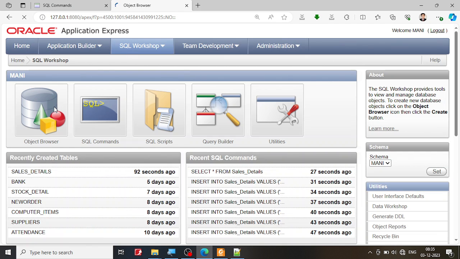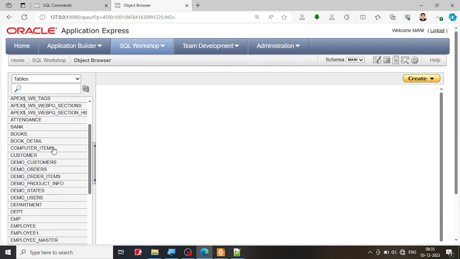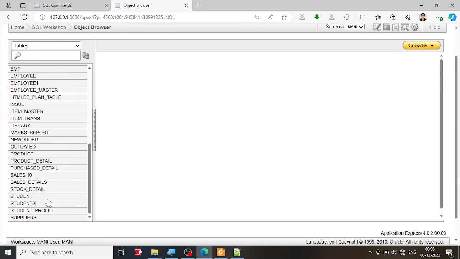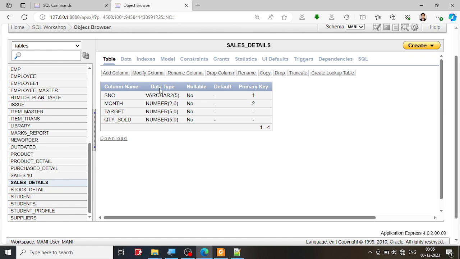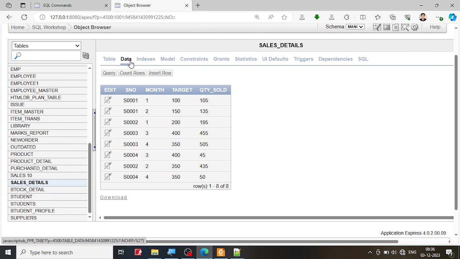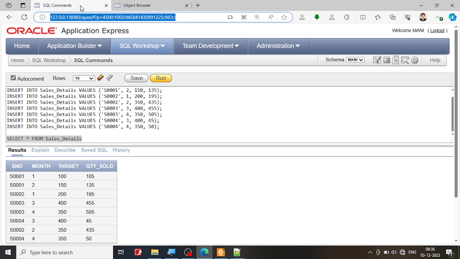I'm going to go to the objects and search for my sales details table. There are two tables; this one is sales details. These are the values which are there in the sales details table. I want it for my explanation. That is why I kept it there.